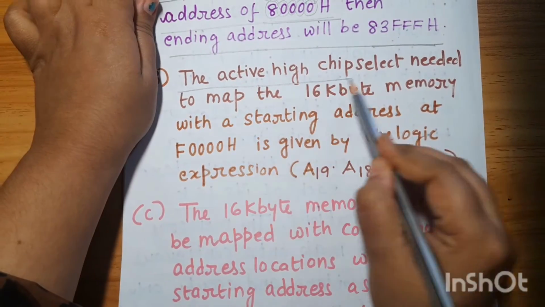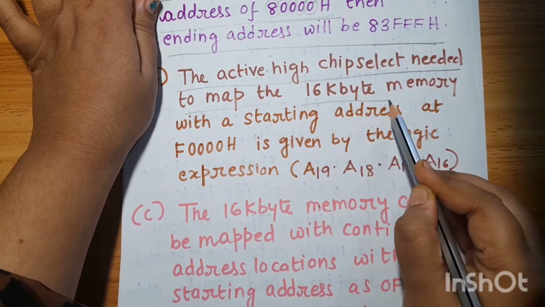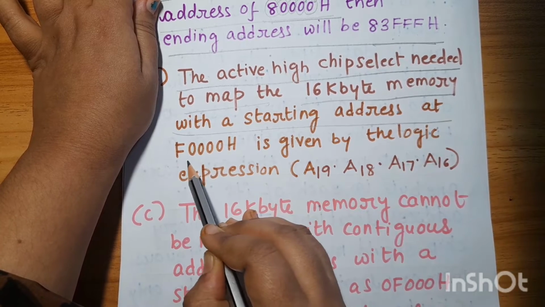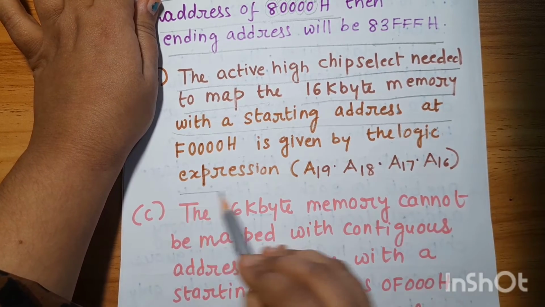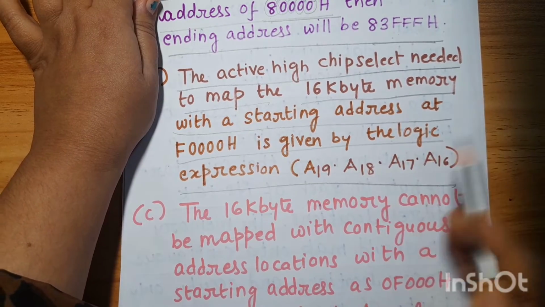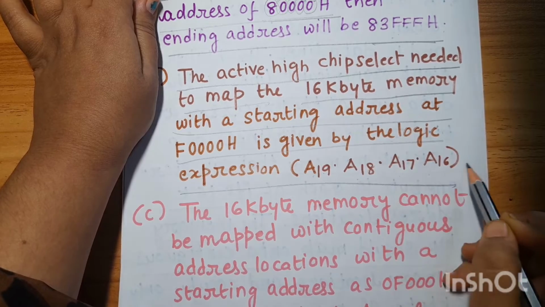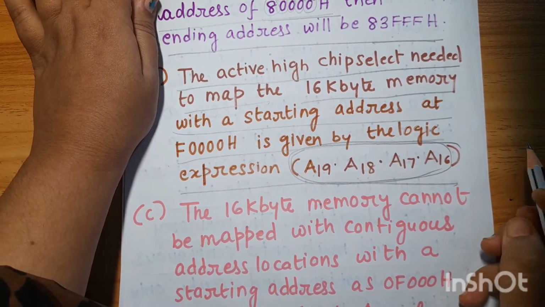Second, the active high chip select needed to map the 16 kilobyte memory with a starting address at F followed by 4 zeros H is given by the logic expression. Here they have mentioned A19, A18, A17, A16, only 4 bits for chip select.